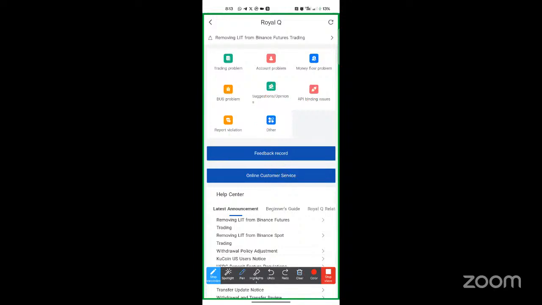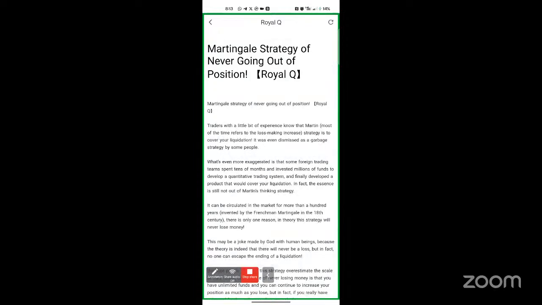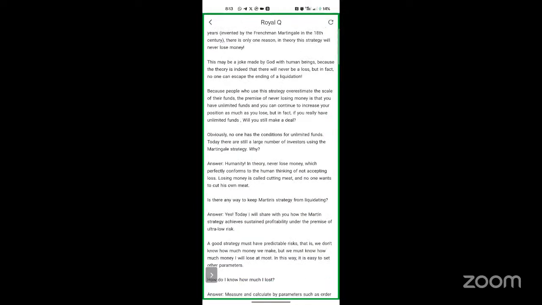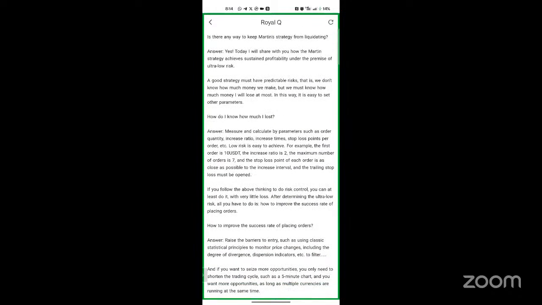Royalq has told you the other side, that whenever you keep increasing, when this coin is moving down, let me read it for you again. Low risk is easy to achieve.